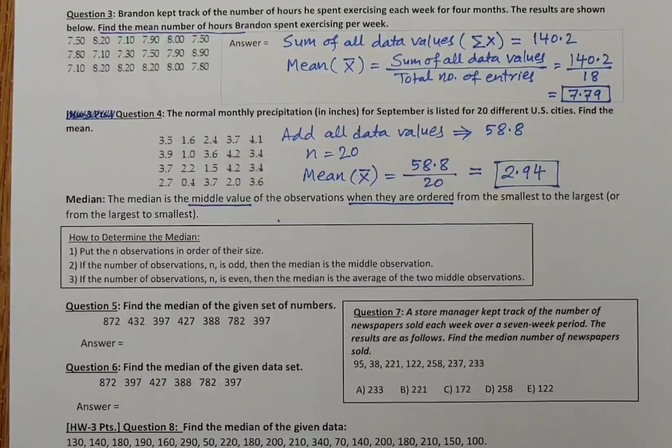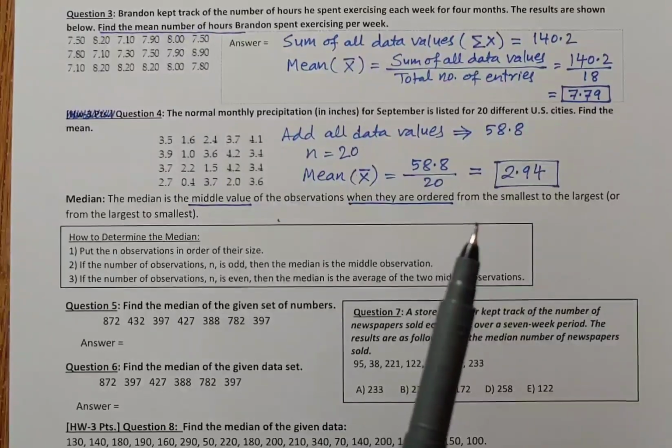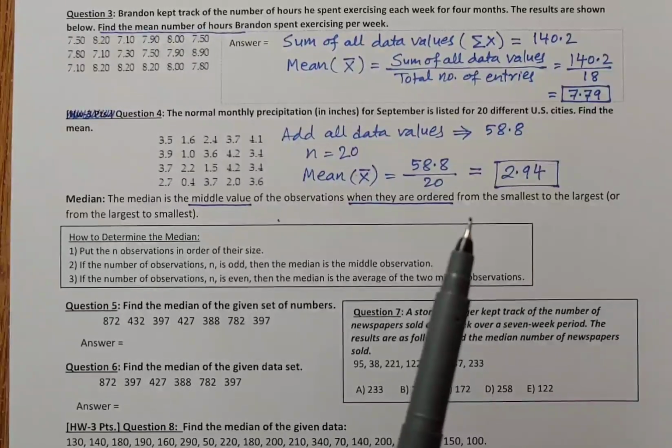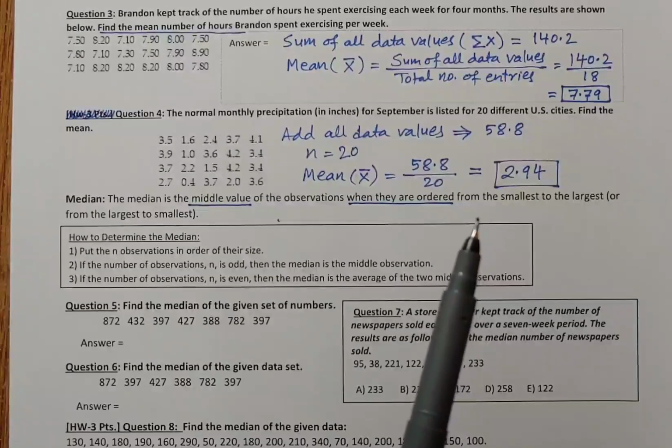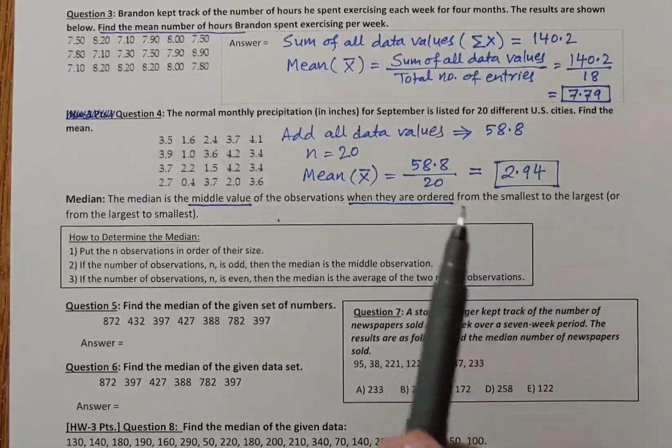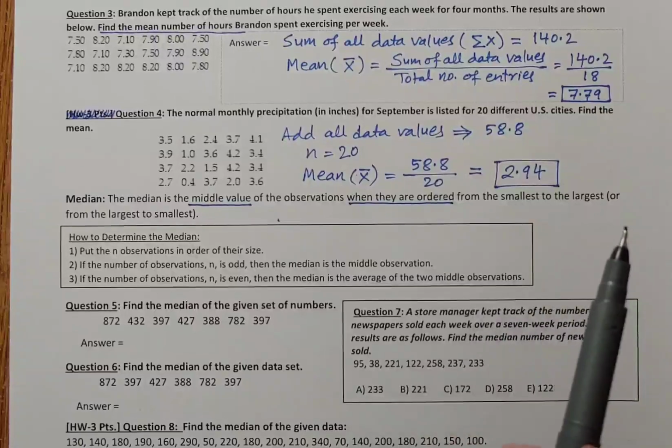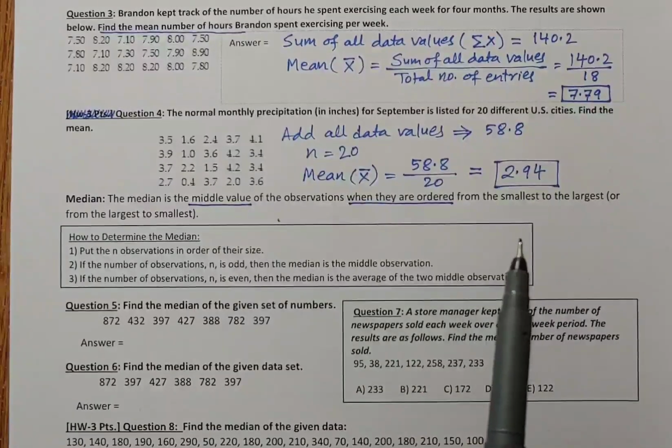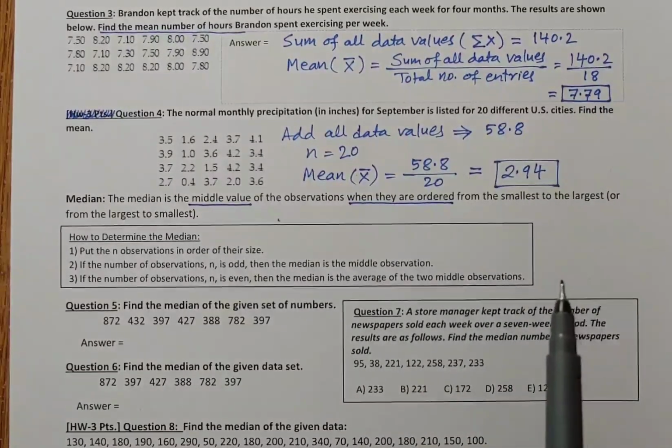In that case, you have to find their average to get the median. So if you get just one value in the middlemost position, then that is the median. But if you get two numbers in the middle, then you have to add them and then divide by 2. Okay, so that's how you find the median.